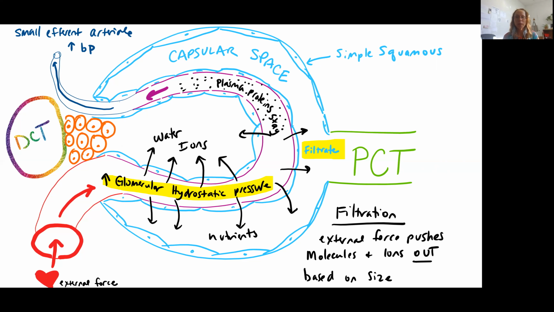You're going to have large plasma proteins that are stuck in the glomerulus, and they're going to stay there. As material is exiting, then you're concentrating those plasma proteins. When those plasma proteins become concentrated, we now have another pressure. This pressure is called the blood colloid osmotic pressure, and it's going to actually pull water back in.